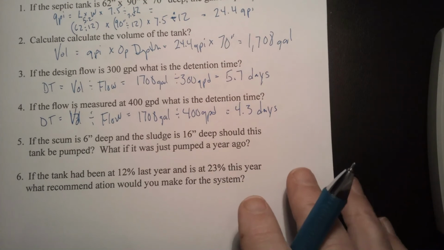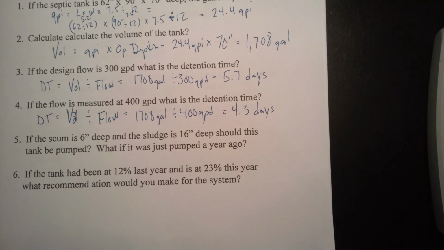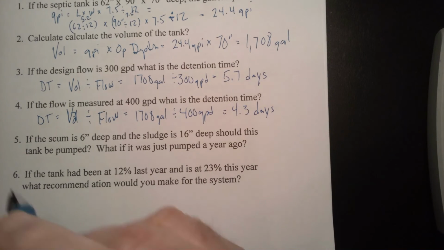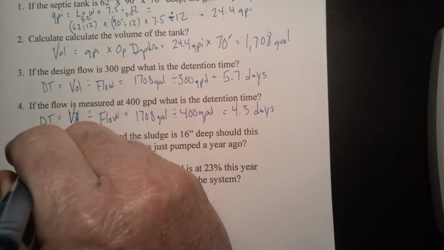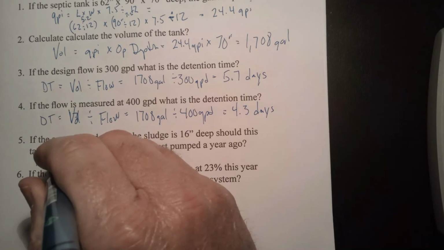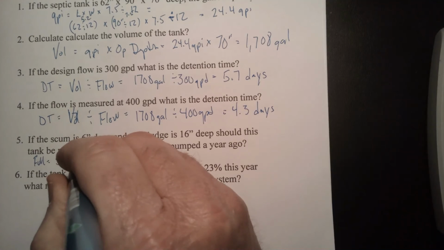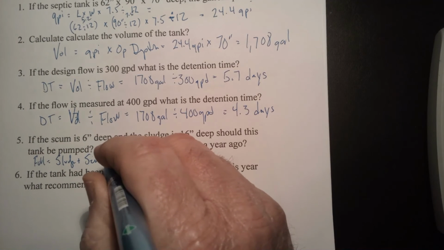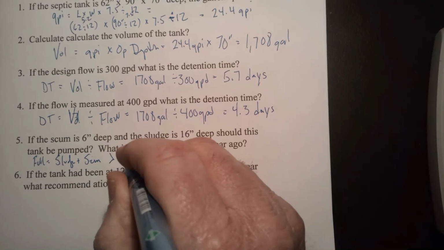The next question is, if the scum is 6 inches deep and the sludge is 16 inches deep, should this tank be pumped? Well, the tank is full if the sludge plus the scum is greater than 25%.